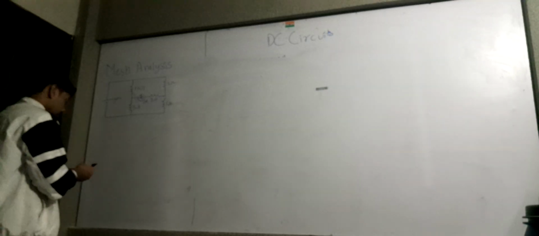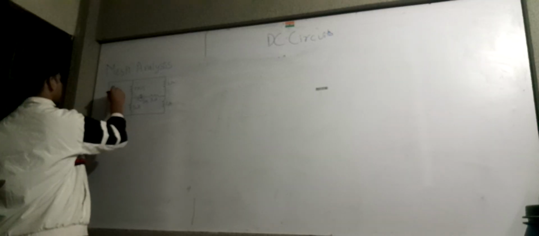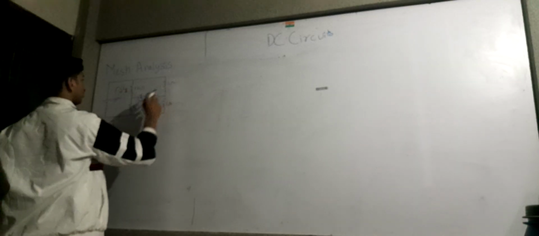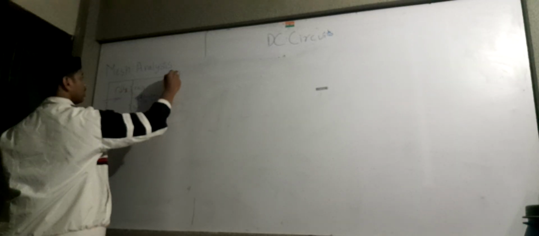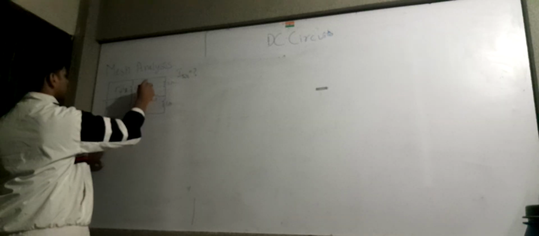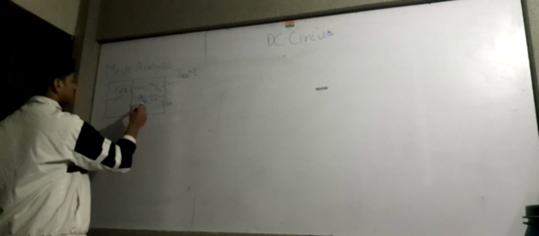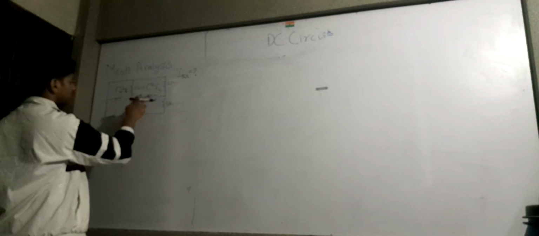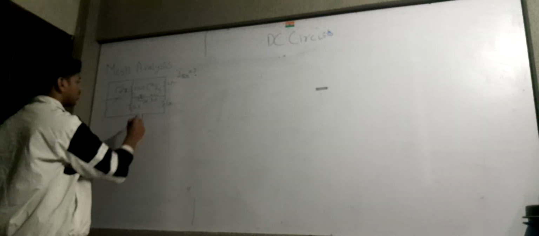So as we can see here, this is mesh 1 and I1 current flows through here. Also we need to find current through, and then we know a current flows from here in mesh 2, let's name it I2, and since it's in this direction I am taking the I3 current anti-clockwise.